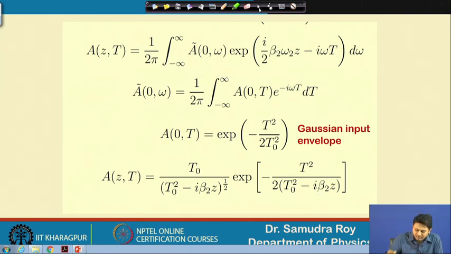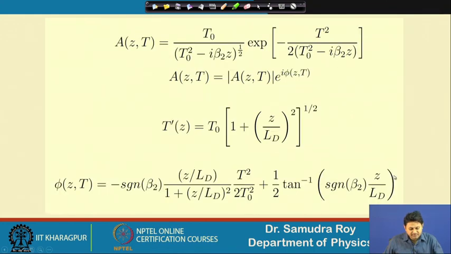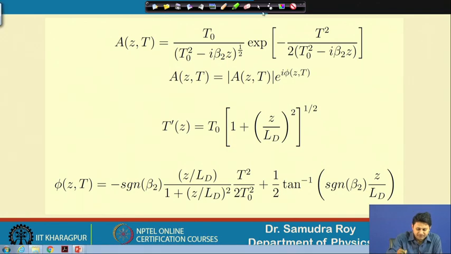Now, if I try to work this out, I can have an expression for the pulse width and the phase, which give us important information.